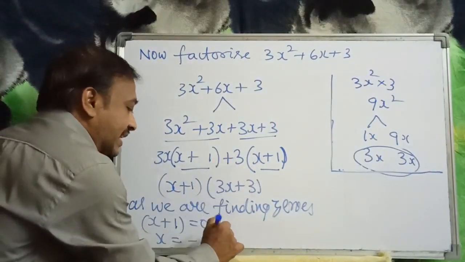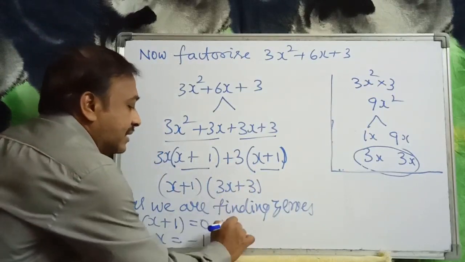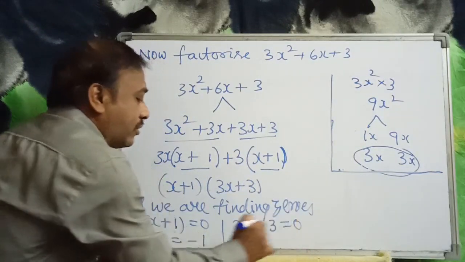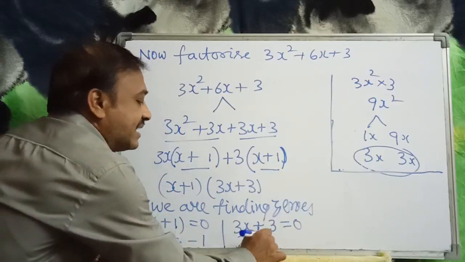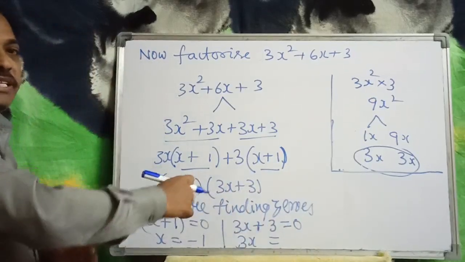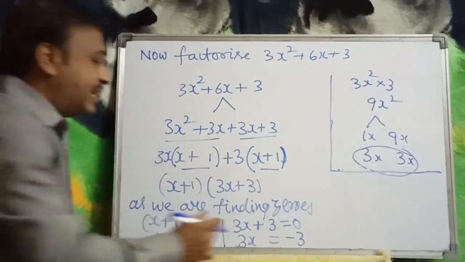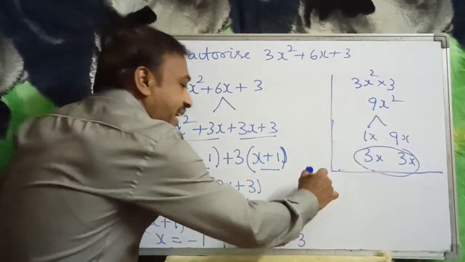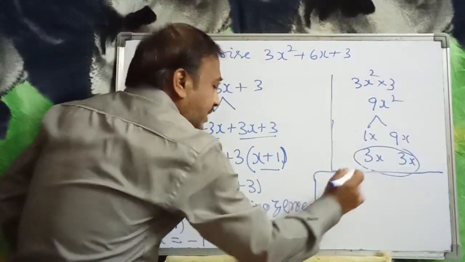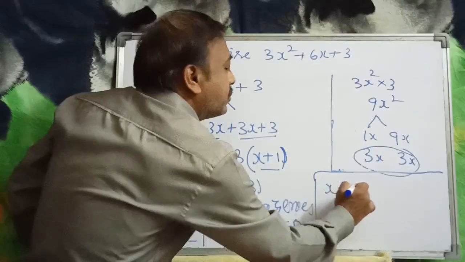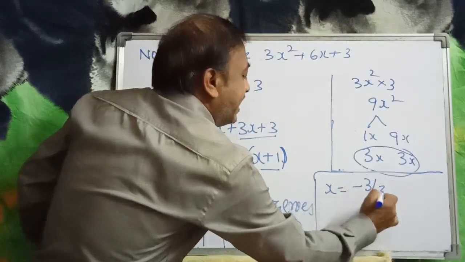Now here another factor, 3x plus 3 is equal to 0, then 3x is equal to, transposing plus 3 this side, minus 3. Now transpose 3 this side, x is equal to minus 3 by 3.